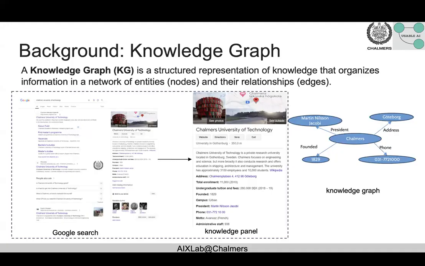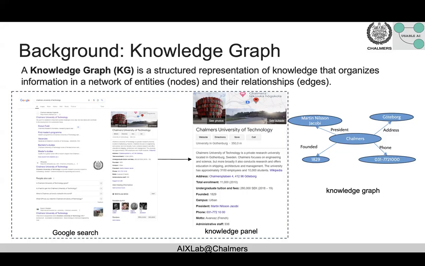So what is a knowledge graph? If we search terms in Google, we can find that in the right part there is a knowledge panel. The data source of this panel comes from Google's knowledge graph. We can see a knowledge graph is a structured representation.